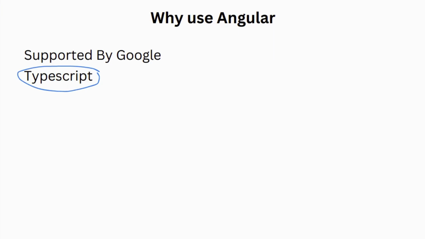Actually, JavaScript is a dynamically typed language. So, whenever we define a variable, its type is assigned from the value that it is getting.